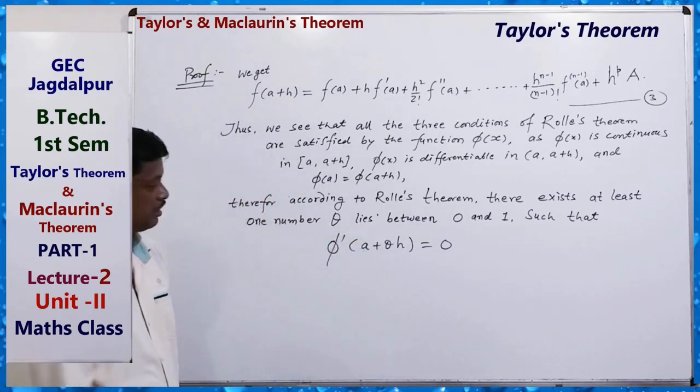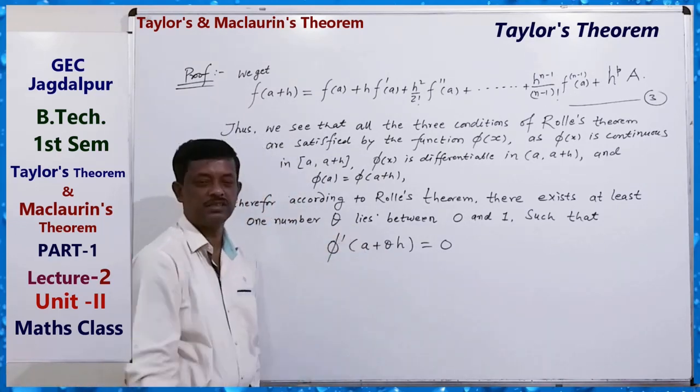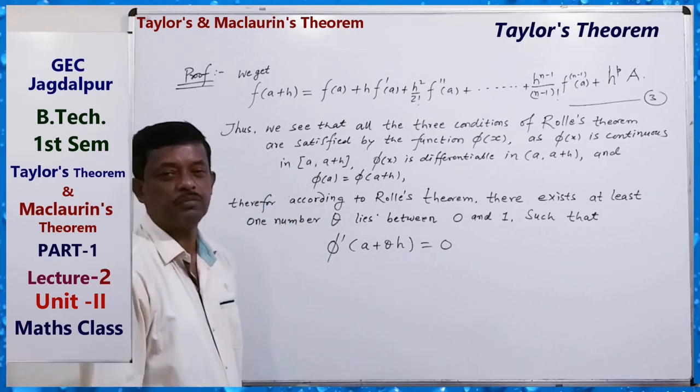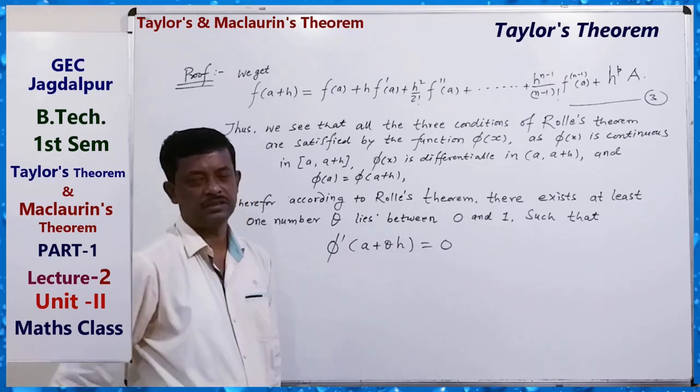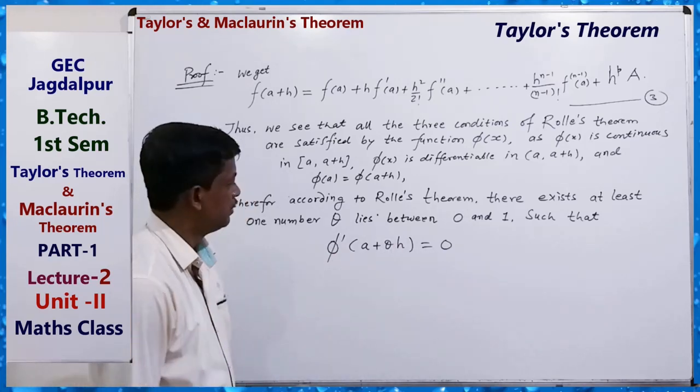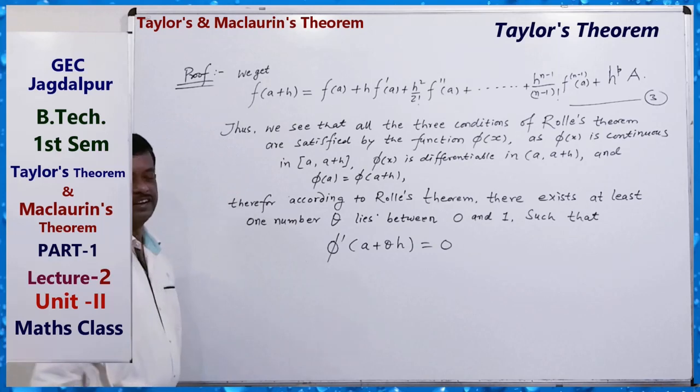Clear? Phi dash c equals 0, c lies between a and a plus h, and c can be written as a plus theta h. So we get this.